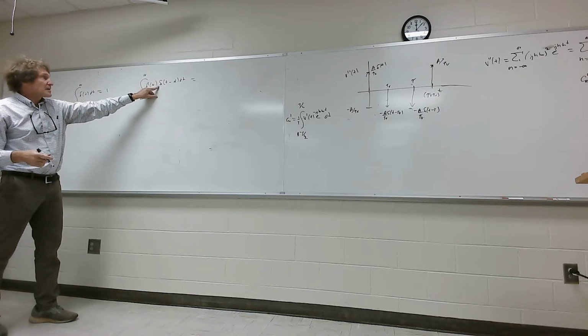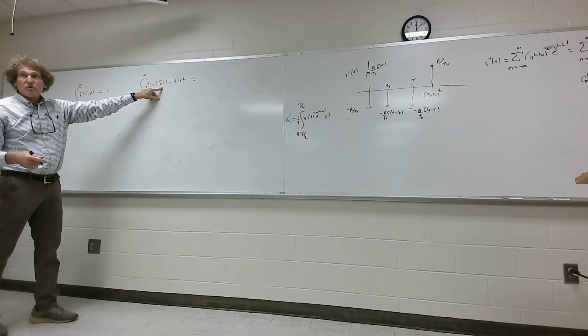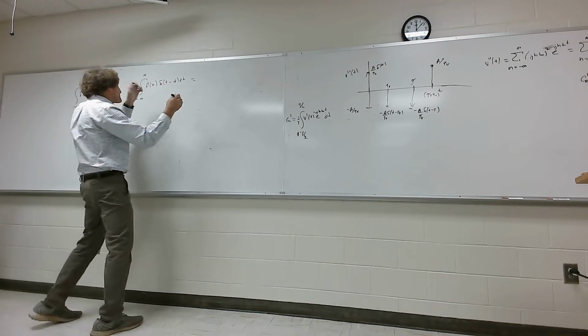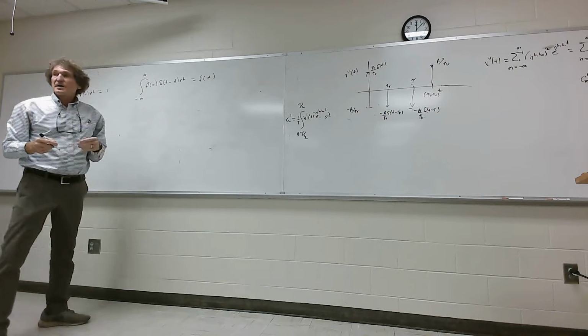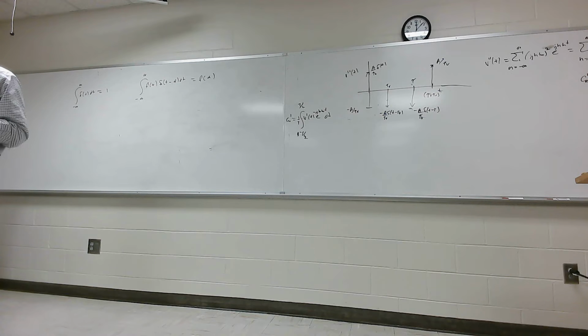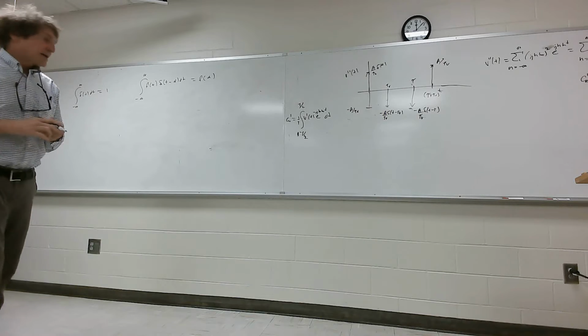And remember, if you integrate the delta function, the area is only 1, right? So it's really going to be just f of alpha. Whenever the delta function turns on, you look at all the other things in that integration, evaluate them at that point in time, and take them out as a single number. You all follow me?